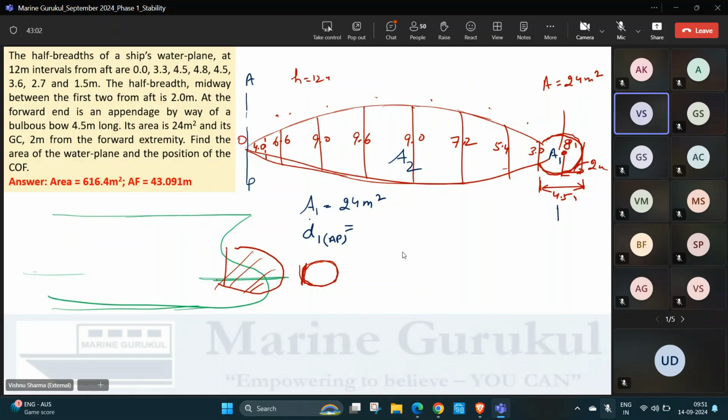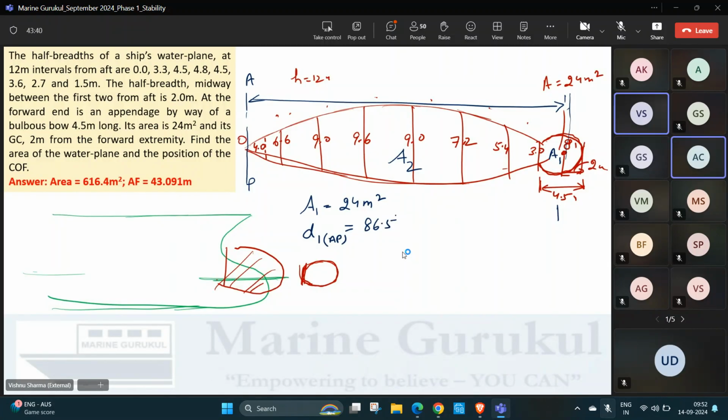I'm asking the distance of G1 from the after perpendicular, D1 from AP. That is not H. 86.5 is the correct answer.